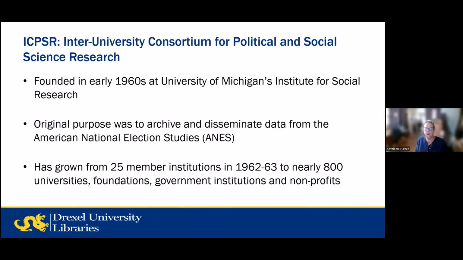The original purpose of it was to archive and disseminate data from the American National Election Studies. And it is still a great place to go if you want to look at any data about elections. It started off with 25 member institutions in the early 60s and has now grown probably to about 800 universities, foundations, government institutions, and nonprofits.